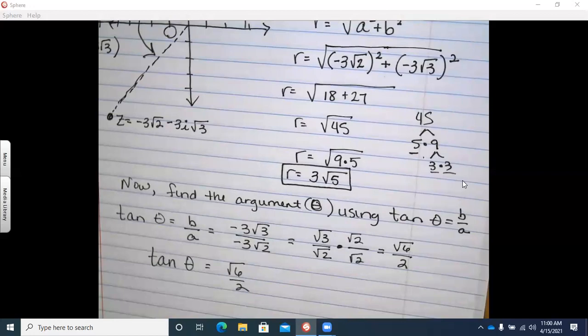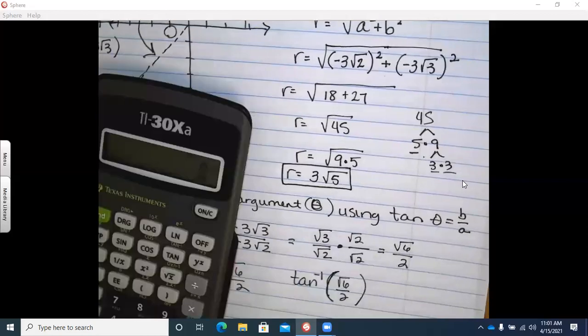If I know the tangent, how do I find the theta? Inverse. So inverse tan of square root of 6 over 2. So on my calculator, square root of 6 divided by 2 equals, and then I don't want tangent, I want the inverse, so that's green, second, tan, and I get approximately 50.8 degrees.